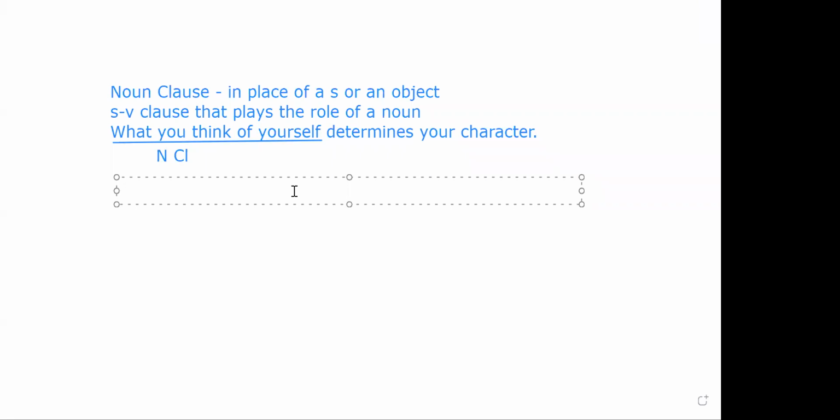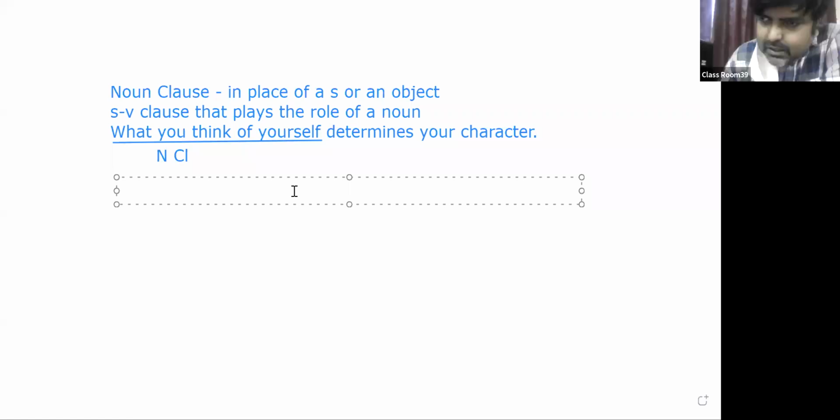Yes, can you give us an example where, now I showed you how a noun clause plays the role of a subject. Can you find any sentence where a noun clause will appear as an object? I'm giving you a clue.